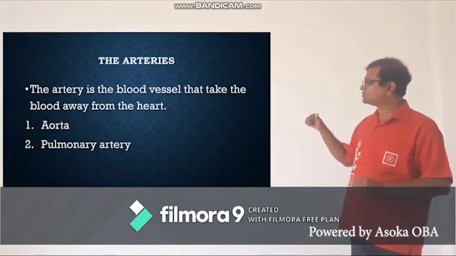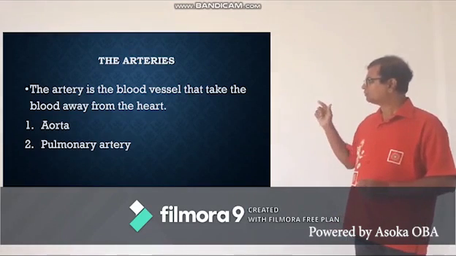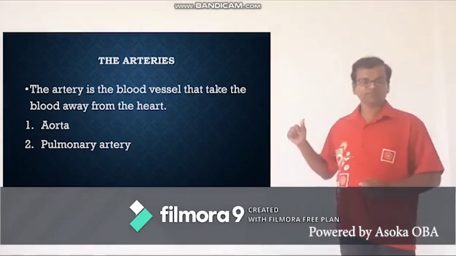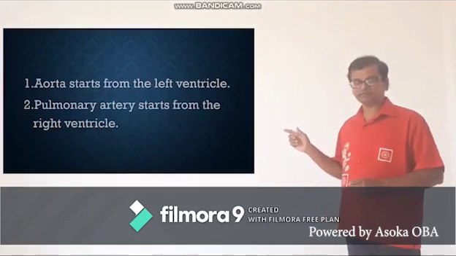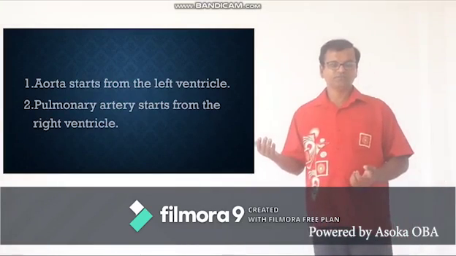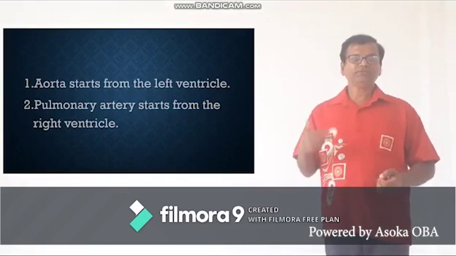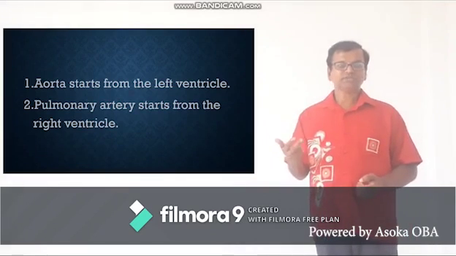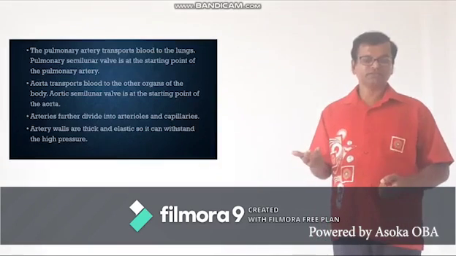There are 2 types of arteries: aorta and pulmonary artery. The aorta starts from the left ventricle. The pulmonary artery starts from the right ventricle. That means the arteries start from the ventricles.